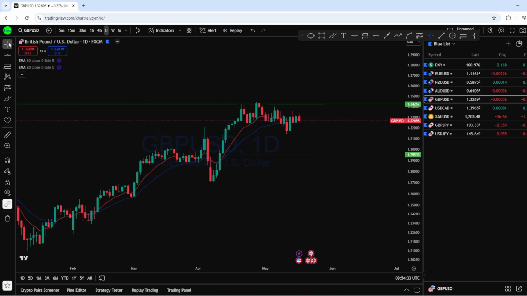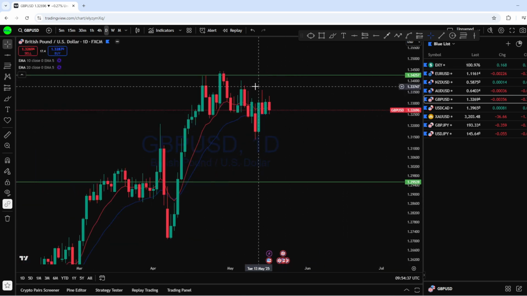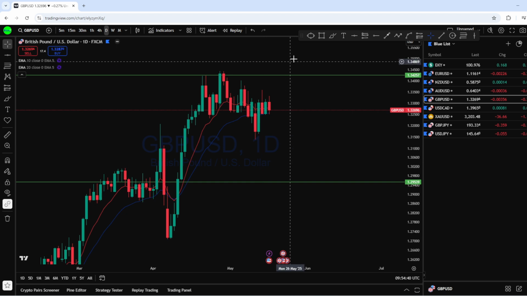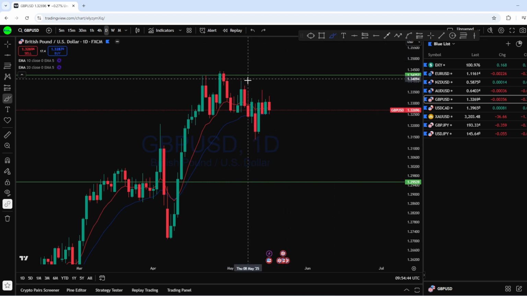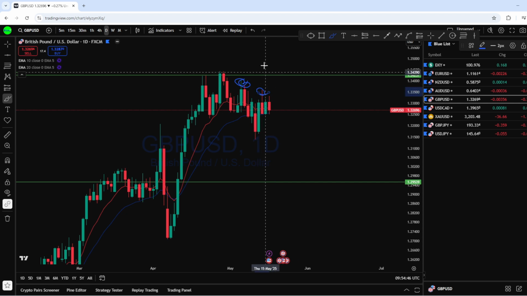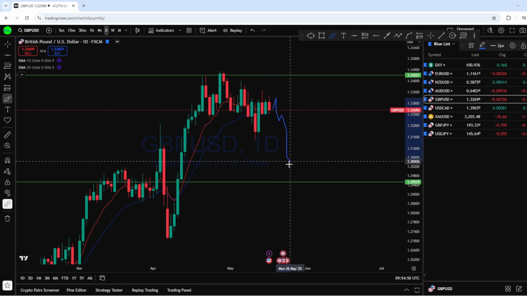Now if we look at the daily on British pound US dollar, this is the daily price here, sideways movement, but at the same time there's a long wick candle being created at the top, so smart money is grabbing liquidity in that area. So on British pound US dollar, after a retest we could see the market potentially trend back down.